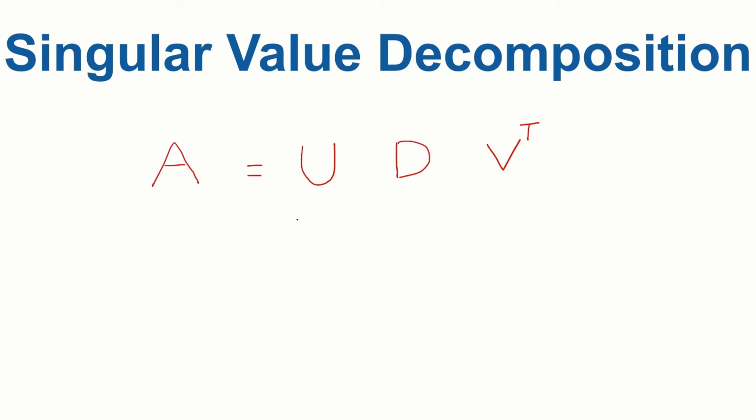For simplicity, I'm thinking that this matrix U consists of columns U1, U2, and so on.